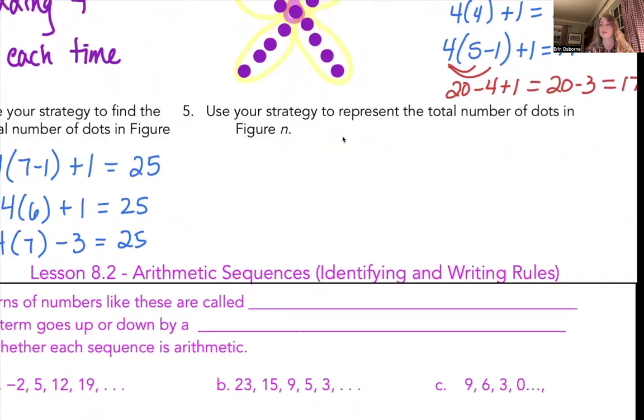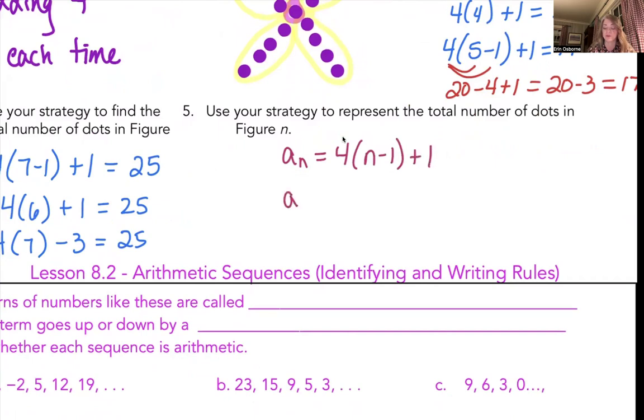So what could the rules look like so that I could plug in any number n if I needed the 10th figure, the 20th figure? One of the ways we could write that rule would start with a sub n, like we've been noticing. That's going to represent just any value in the sequence is equal to 4 times n minus 1 plus 1.